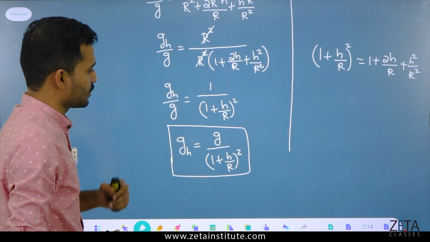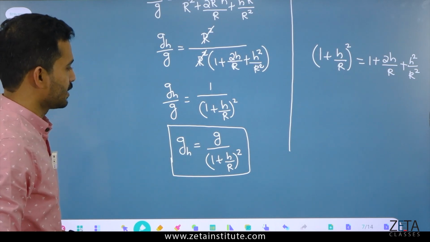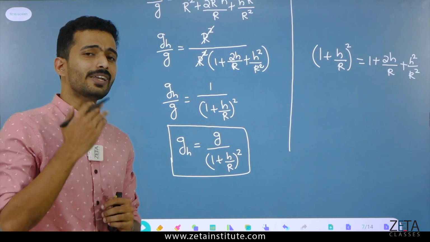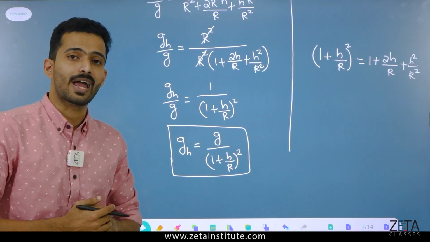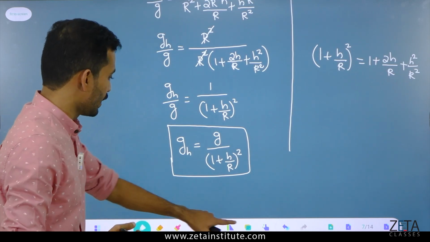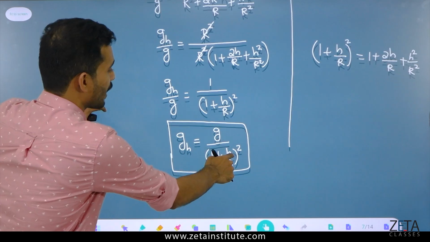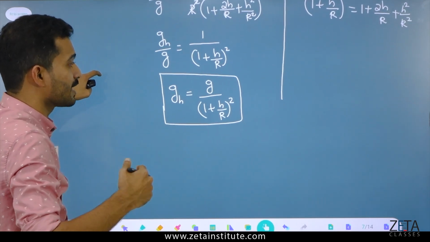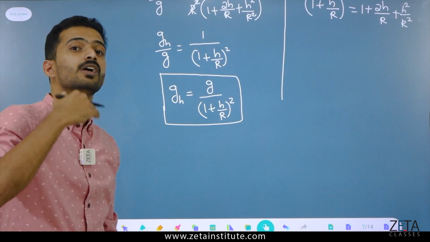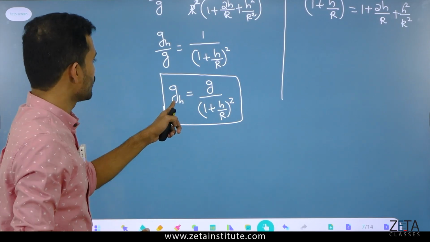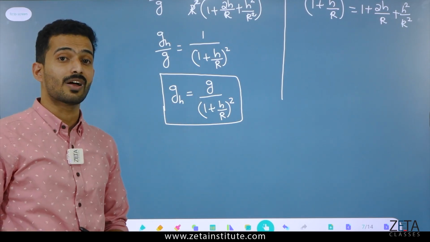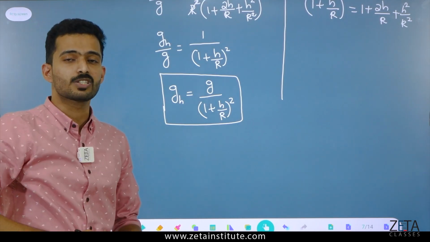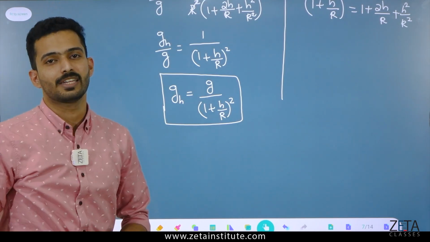So from this equation we can find what happens to the value of acceleration due to gravity when height increases. This is 1 plus h by r. That means when the value of h increases, the value of the denominator increases. That means the value of acceleration due to gravity decreases as we move from the surface of the earth to a height.